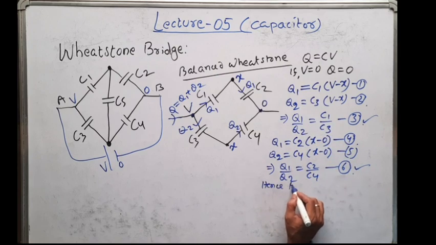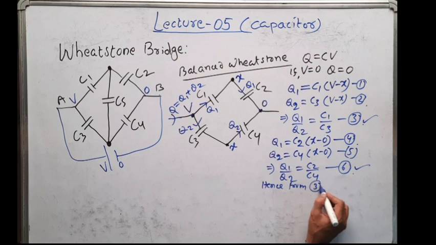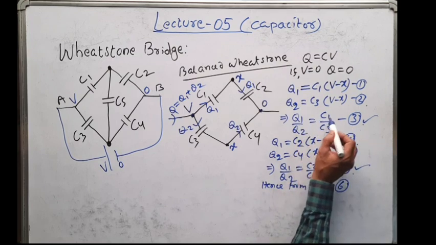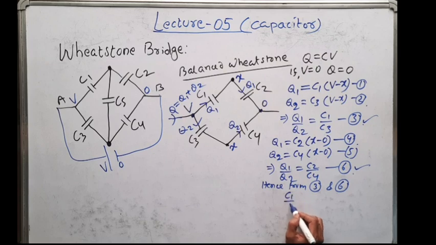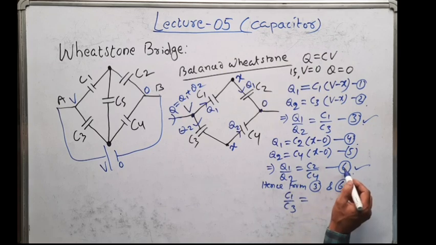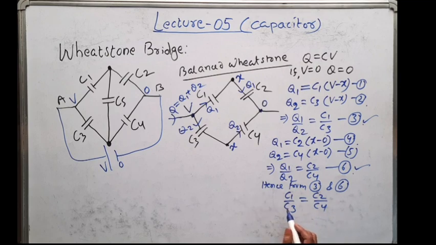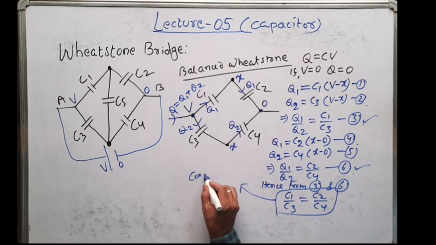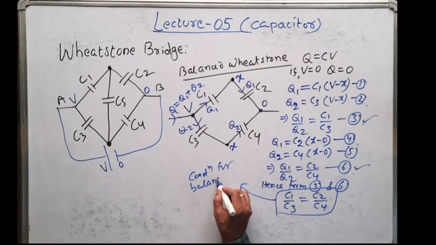From equation 3, Q1 by Q2 is equal to C1 by C3, and from equation 6 it is C2 by C4. So that is the condition of a balanced Wheatstone bridge.